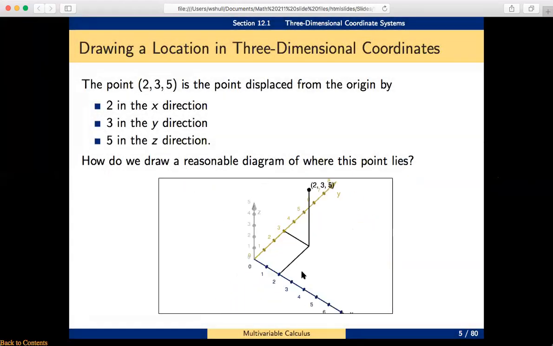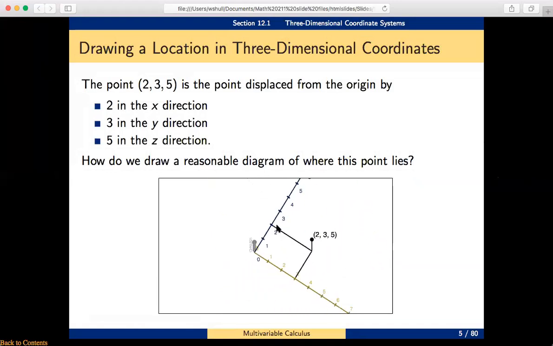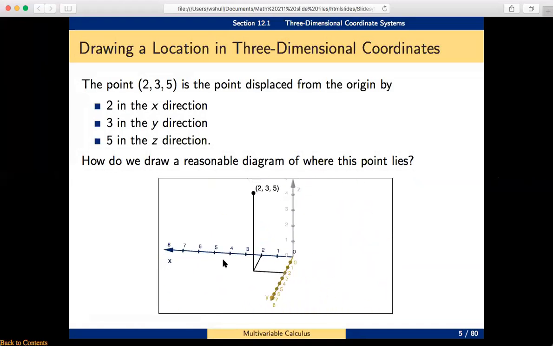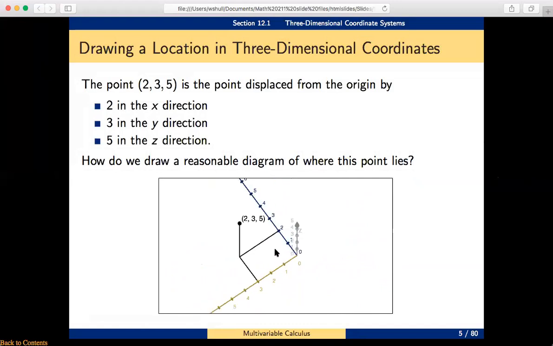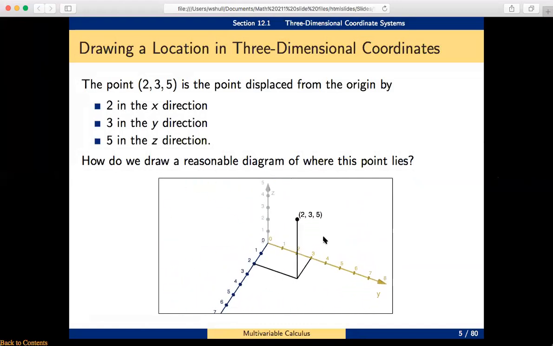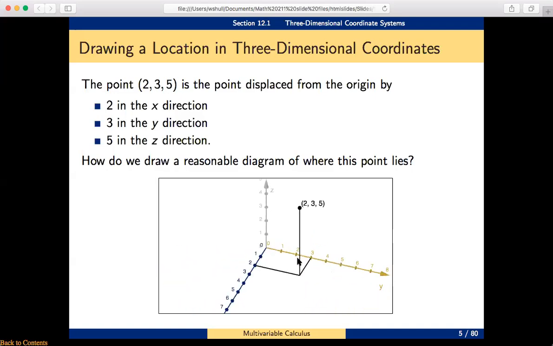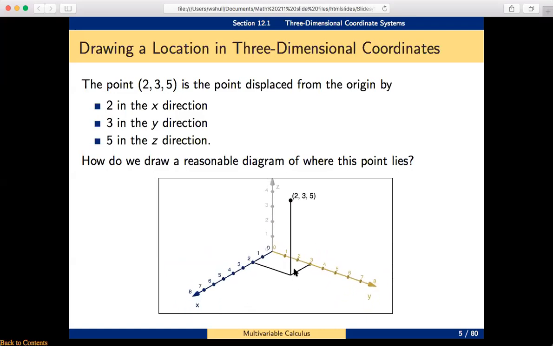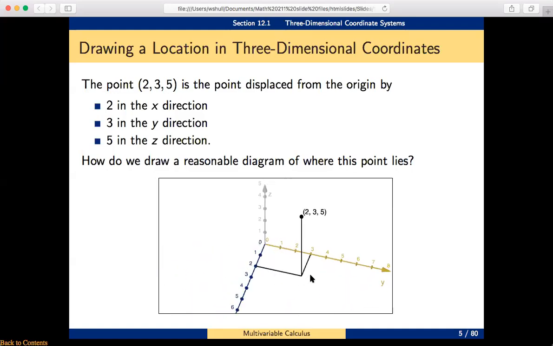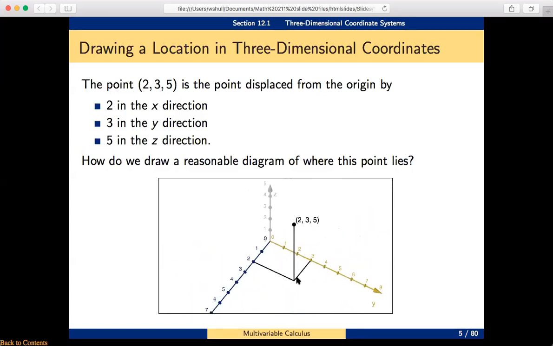In all three dimensions, it can look something like this, and I'm rotating the direction a bunch, but one thing I want to point out is that no matter what angle we look at things from, the segment that's parallel to the z-axis will remain parallel to it no matter what angle. And same thing with this one, which is parallel to the y-axis, and this one, which is parallel to the x-axis. So when you're drawing a diagram yourself, keep that kind of thing in mind.